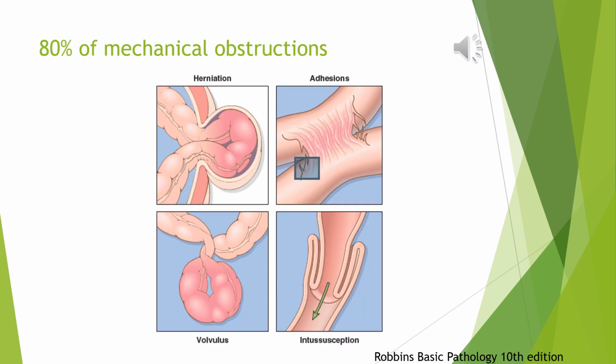So here in this picture, you can see the most important or the most common causes of mechanical obstruction that are seen in 80% of the cases, which are the intussusception, the herniation, adhesions, and volvulus. Intussusception will be covered in details in the next slides.